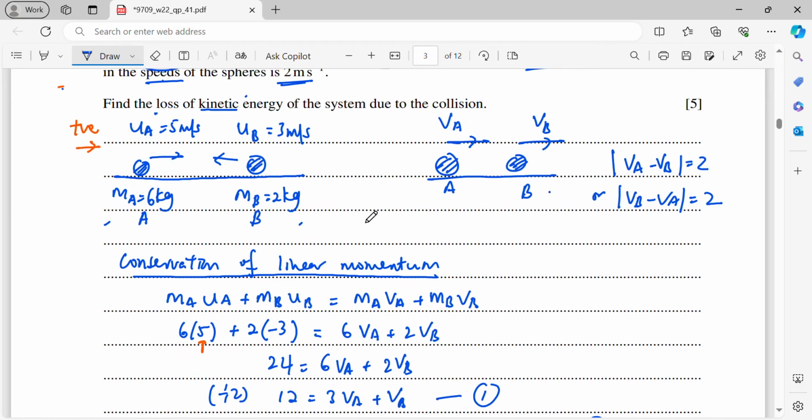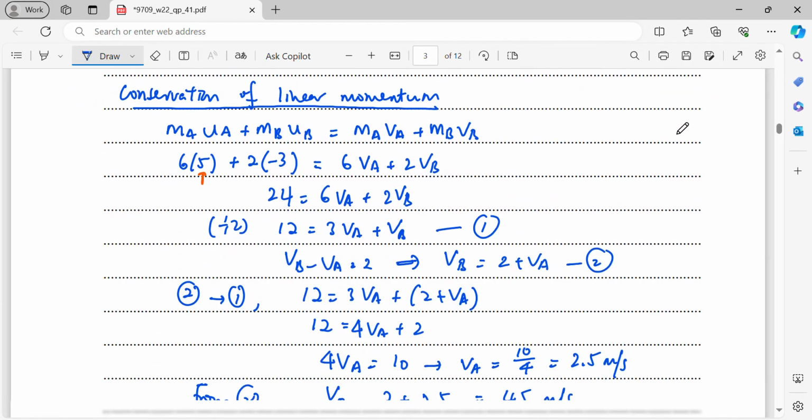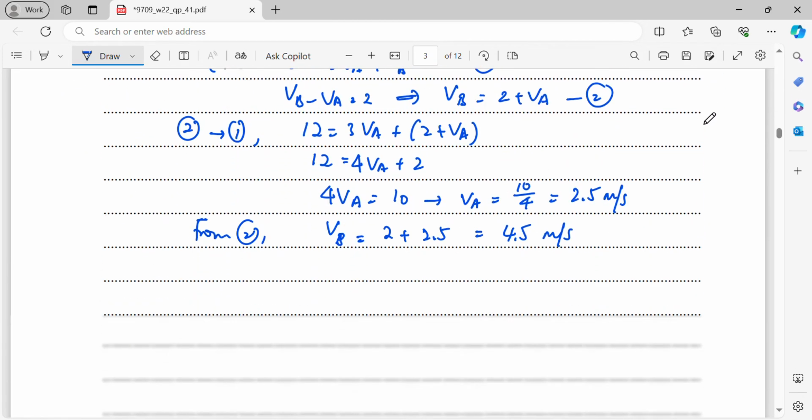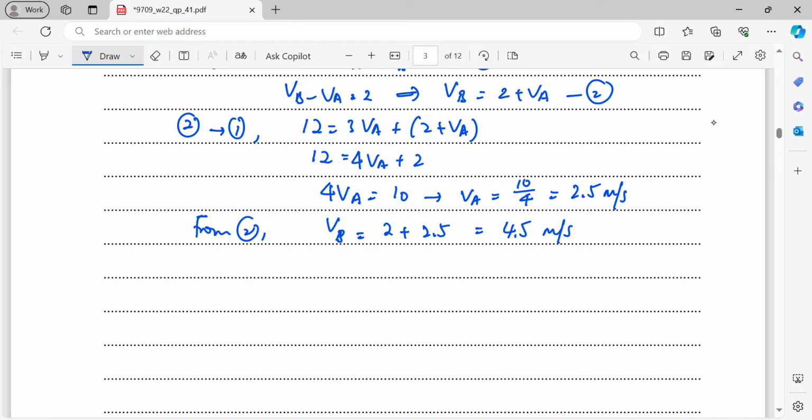Another question asks for the loss of kinetic energy. Alright, so for the loss of kinetic energy, I will just write it as the final KE minus the initial KE, initial kinetic energy.